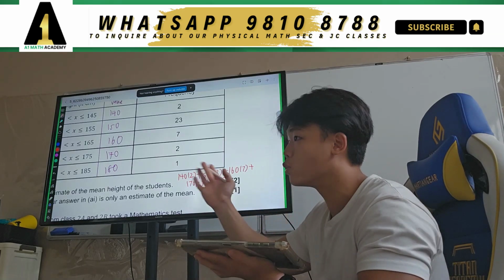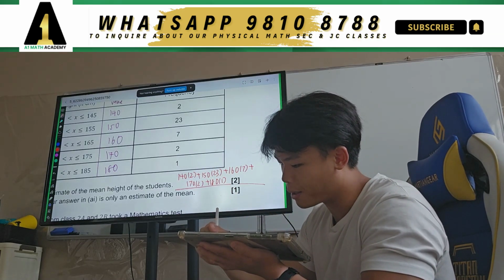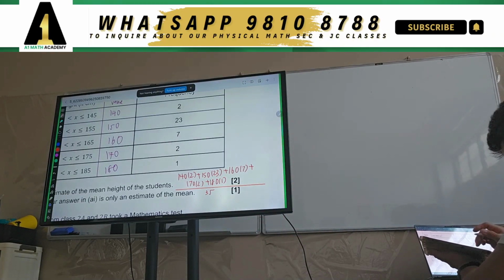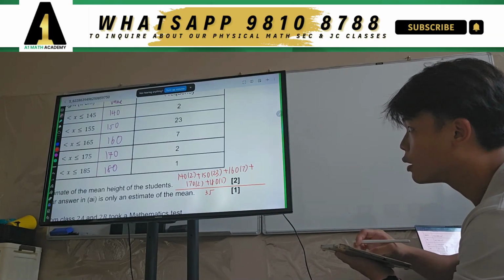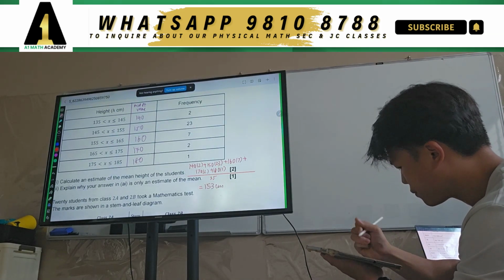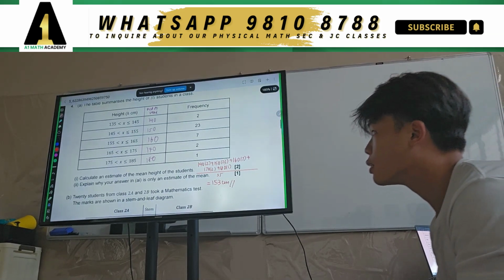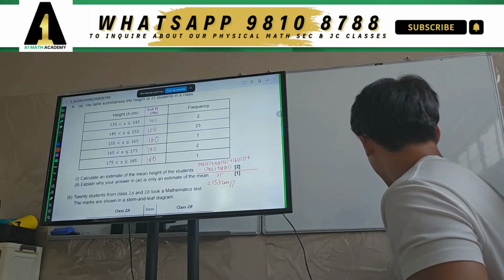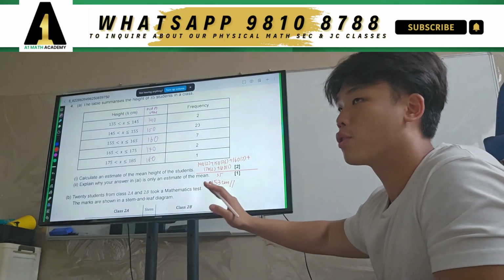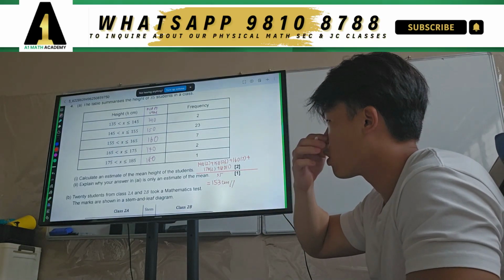Add everything together, then you divide by the number of students, which is 35. So the answer you should get is 153 cm. Estimate.